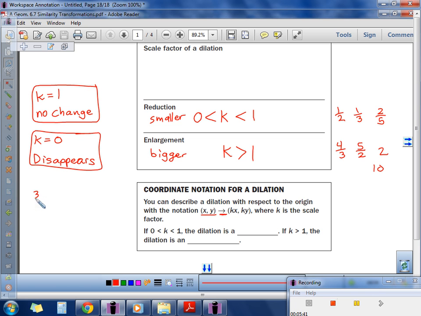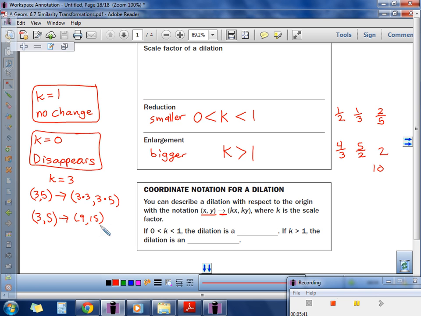If I had the coordinate 3, 5, and a scale factor of, we'll say 3, that would translate to 3 times 3, comma, 3 times 5. Obviously, that simplifies, so you could have just said 3, 5 will dilate. I said translate. It dilates to 9, 15. So that is called coordinate notation for a dilation.